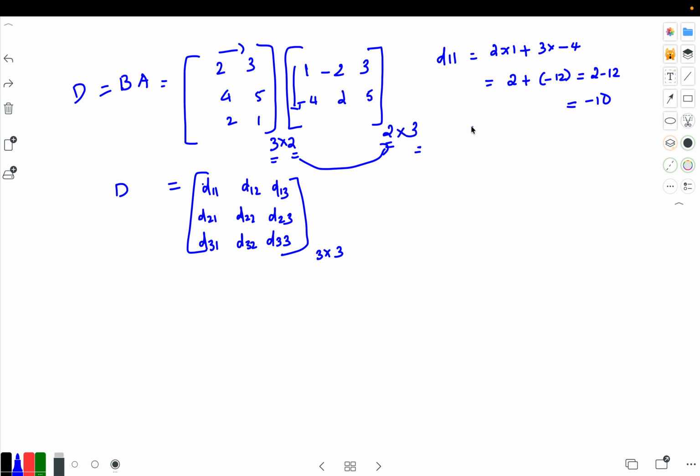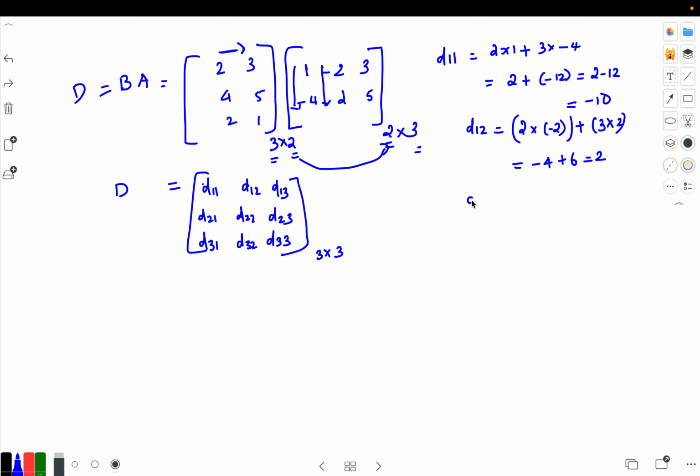Next, we find D12. D12 is the sum of the products of the first row with the second column, that is 2 into minus 2 plus 3 into 2, which is minus 4 plus 6, that is equal to 2.